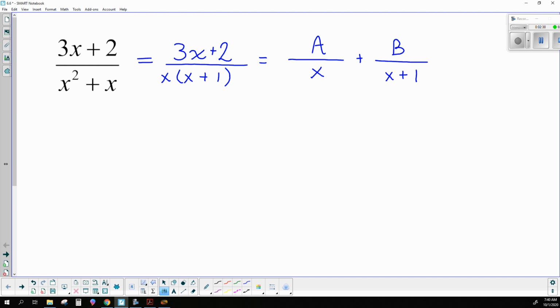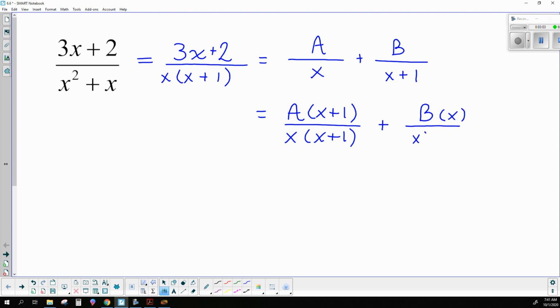So really, I was going to have a(x plus 1) over x times (x plus 1), right? That would have gotten me the common denominator and would have adjusted the numerator. Same with the b, right? I would have had to multiply top and bottom by x in order to get the common denominator and make sure that the numerator is balanced.